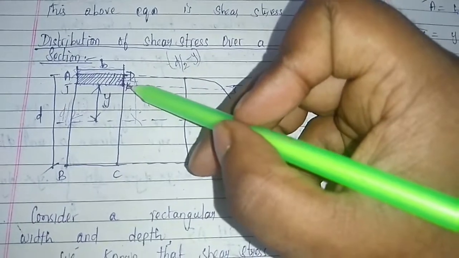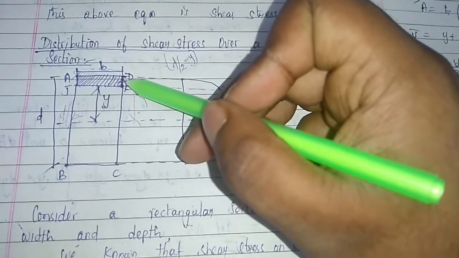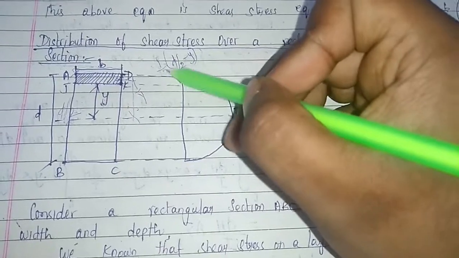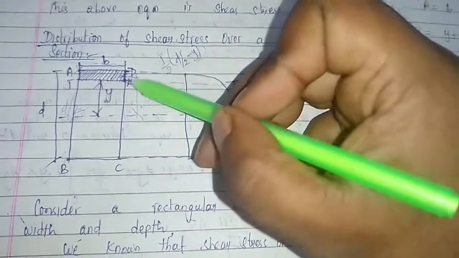Can you see it? Y bar is the half of this height to the neutral axis. So half of D by 2 minus Y, plus Y, is your Y bar.